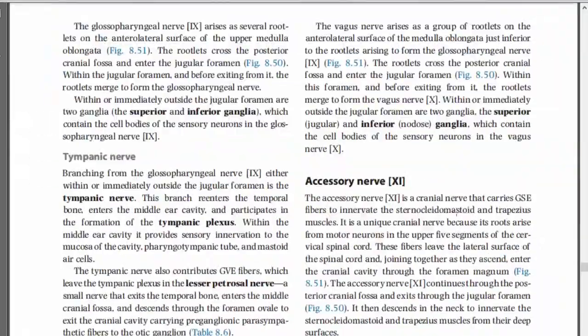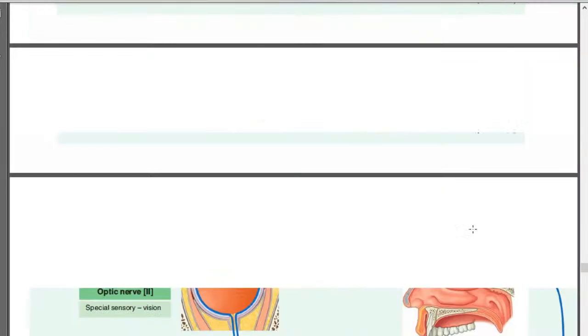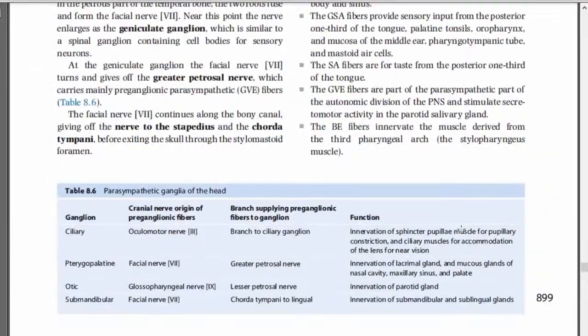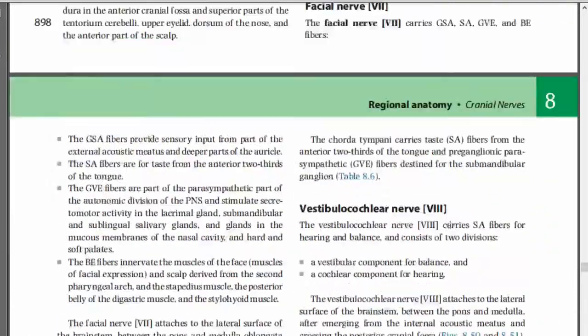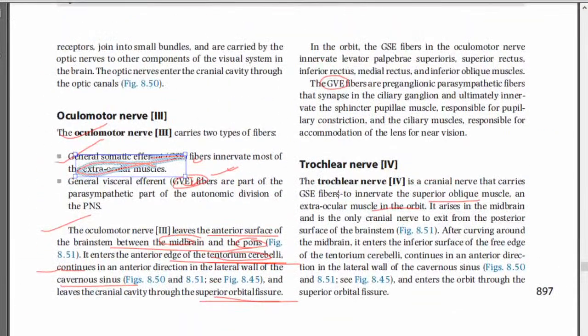So we're starting with the oculomotor nerve.